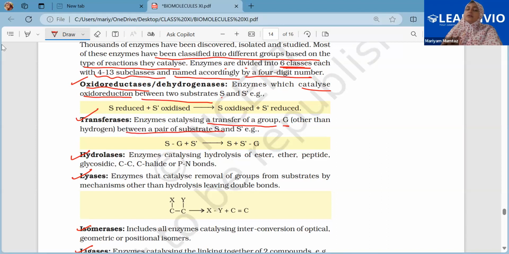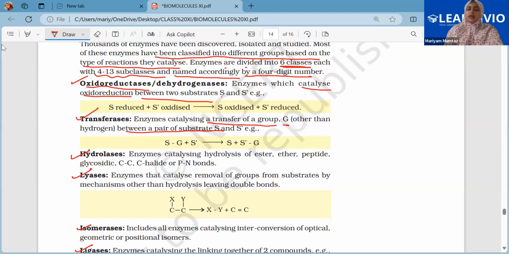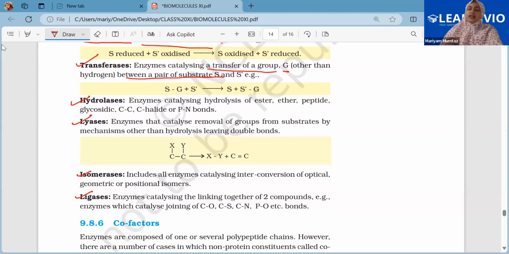So it is responsible for the transfer of a group. Hydrolases do the breaking part, like hydrolysis of ester, ether, peptide, glycosidic bonds, carbon-carbon single bond, carbon halide bond, and phosphate nitrogen bonds. So these are responsible for the lysis, that is the breakdown.